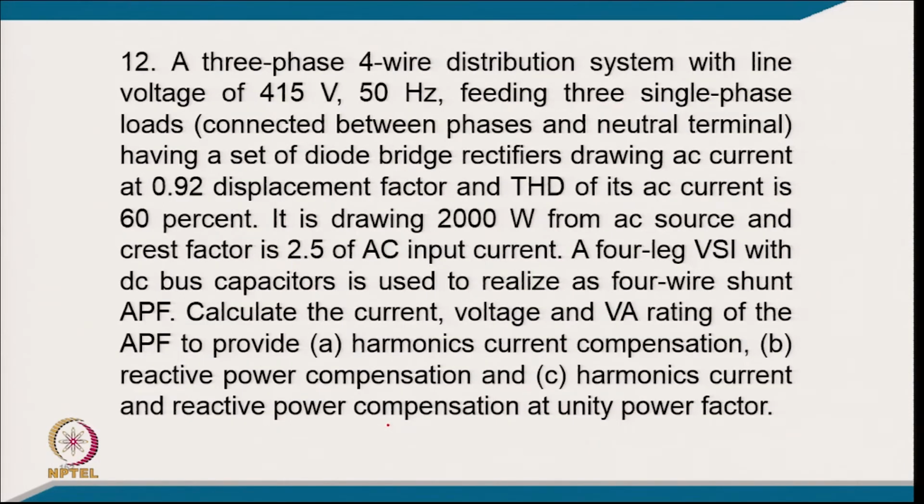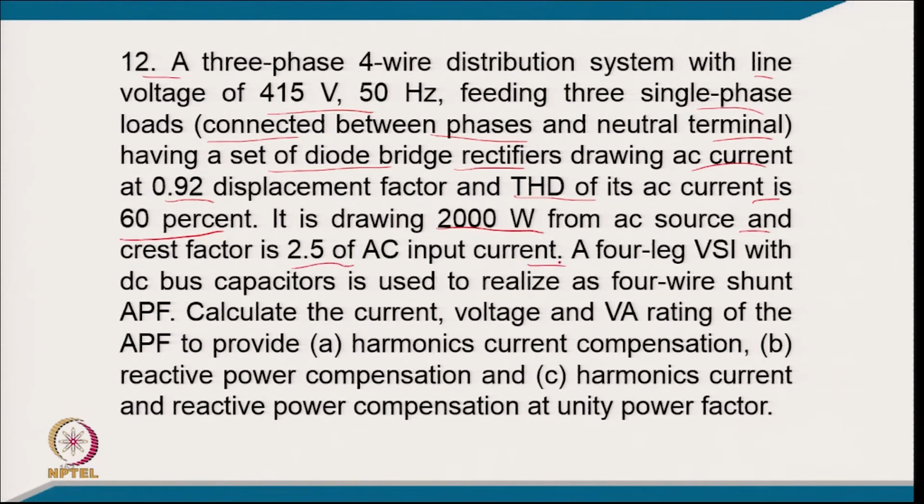So, coming to another, the 12th numerical problem: a 3-phase 4-wire distribution system with line voltage of 415 volt 50 hertz is feeding 3 single phase loads connected between phase and neutral, having a set of diode bridge rectifiers drawing an AC current at 0.92 displacement factor, and THD of the AC current is 60%, drawing 2000 watt from the AC source, and the crest factor of the AC input current is 2.5.